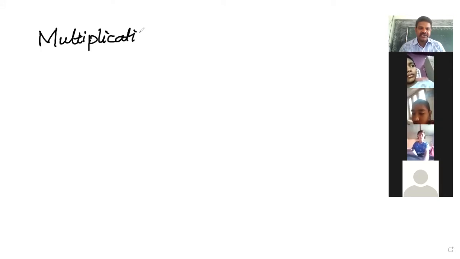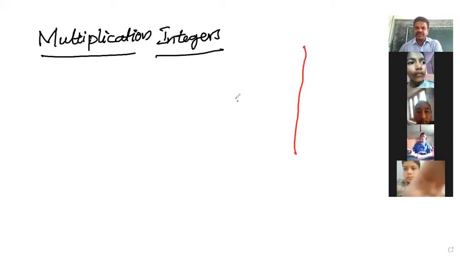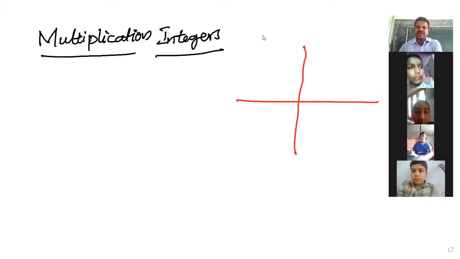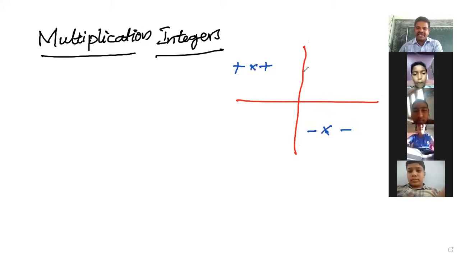Multiplication of integers. How to multiply integers? First I'm going to tell you one thing. There are altogether 4 possibilities to multiply the numbers. One is plus into plus, and another one is minus into minus. The dot represents into in mathematics.